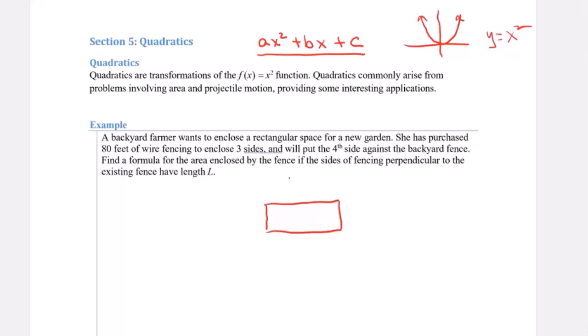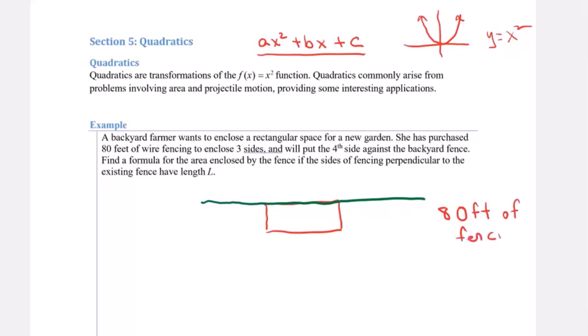Okay, the 4th side will be against the backyard fence. So basically, there's going to be a fence here, and we're only going to enclose these 3 sides. And we have 80 feet of wire fence. 80 feet, I'll just put fencing.